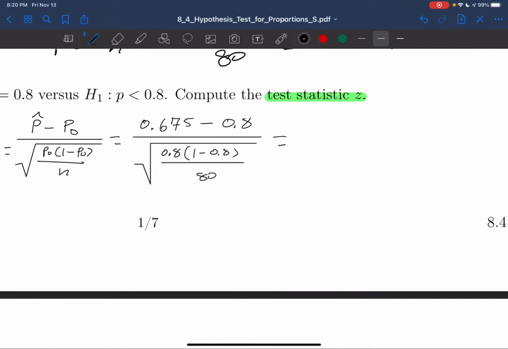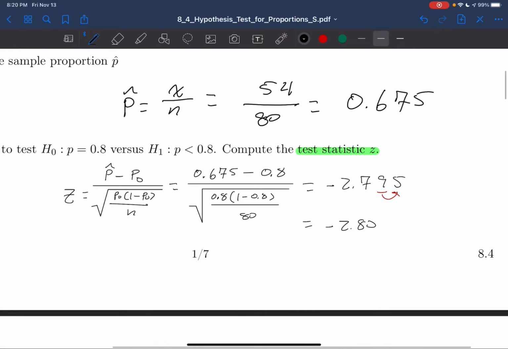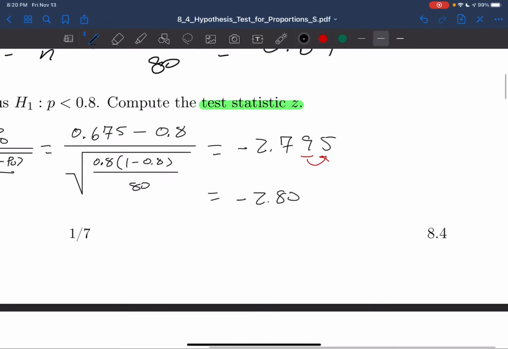If you put this in your calculator, you should get negative 2.795. But we want to round this to 2 decimal places, so this is equal to negative 2.80. So for this example, our test statistic z is equal to negative 2.80.